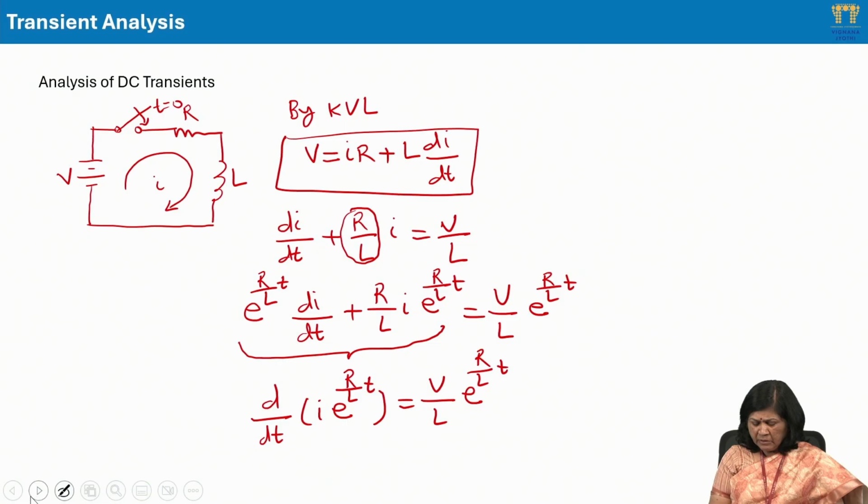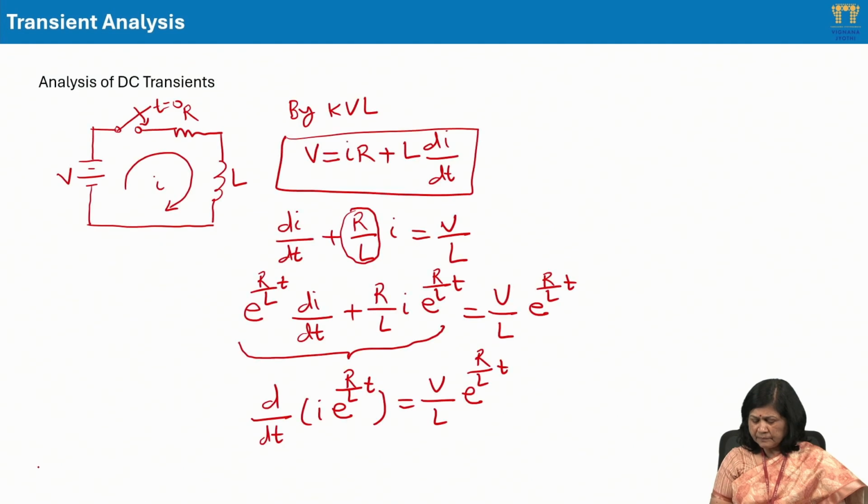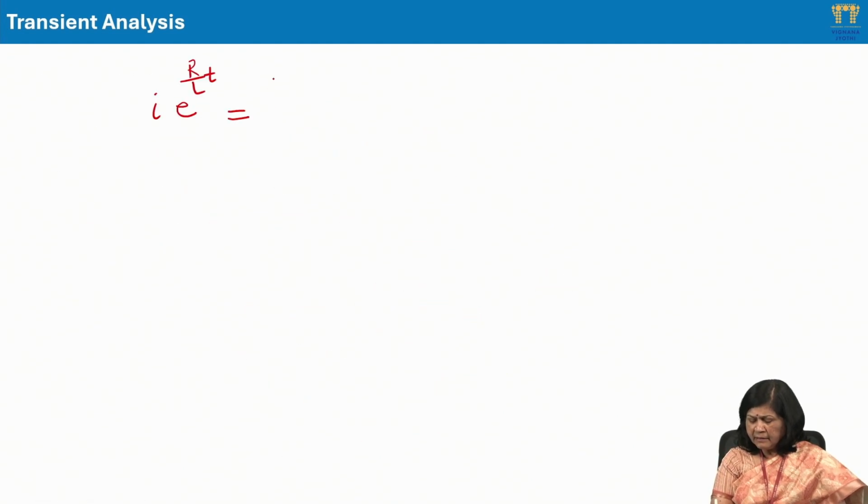Now, this will give us, after integration, i e to the power R by L into t is equal to the integral of V by L e to the power R by L into t dt plus a constant of integration.